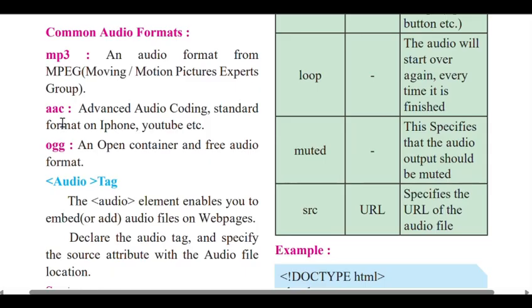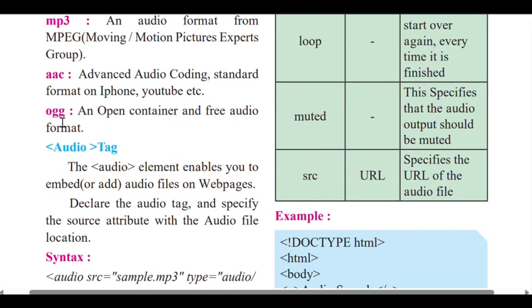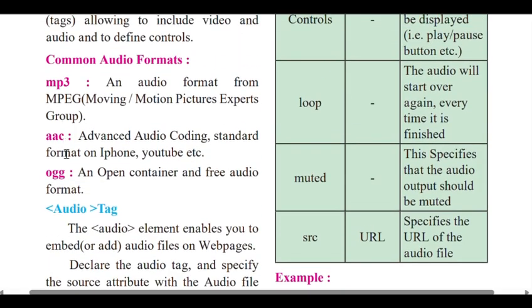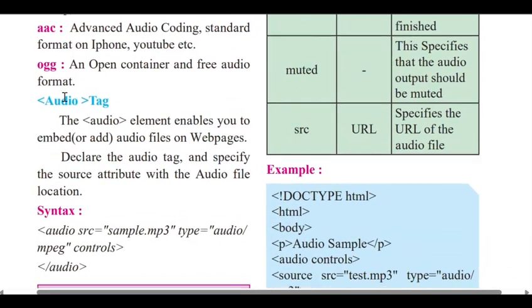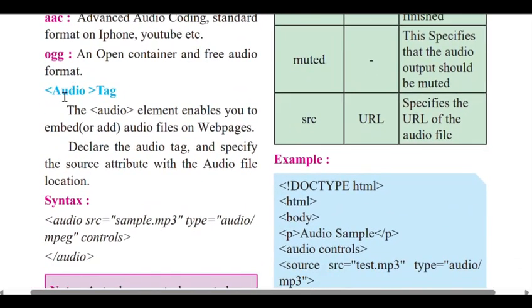Second, we have AAC, that is Advanced Audio Coding, the standard format on iPhone, YouTube, etc. And third, we have OGG, an open container and free audio format. So these three are common audio formats: MP3, AAC, OGG.